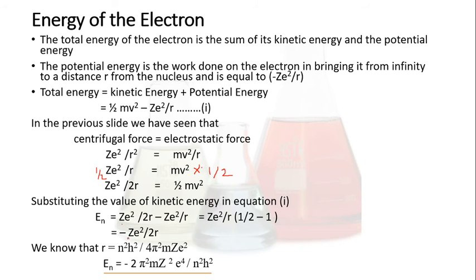That means minus z square upon 2r. We know that r is equal to n square h square upon 4 pi square m z e square. So distributing that value, total energy is equal to minus 2 pi square m into z square into e raised to 4 upon n square into h square.